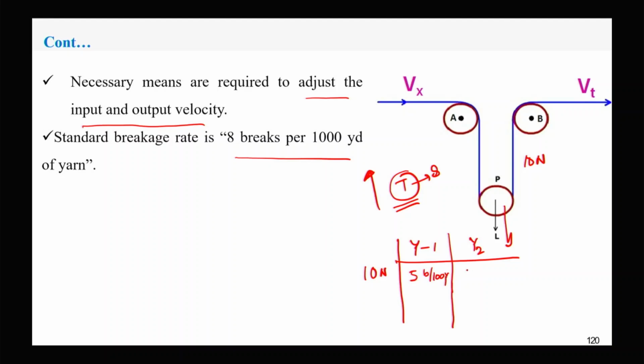Yarn 2 gives say 20 breaks per 1000 yard.